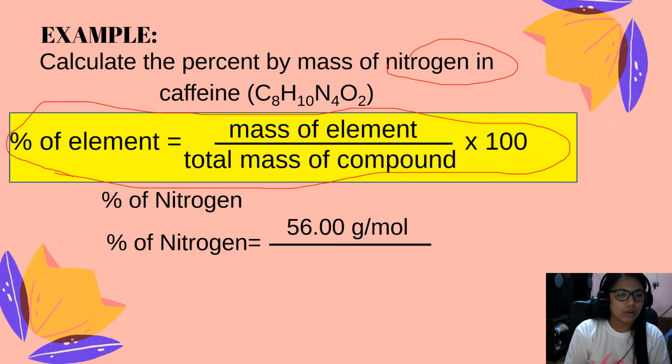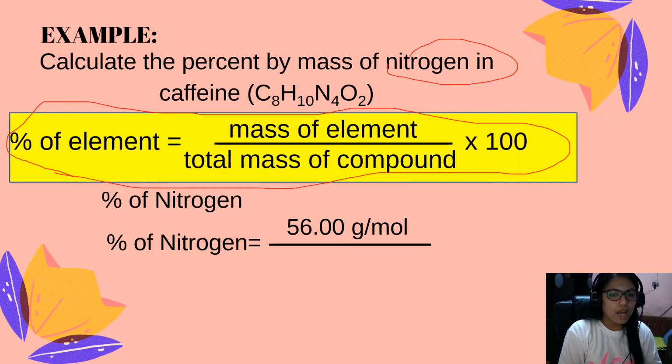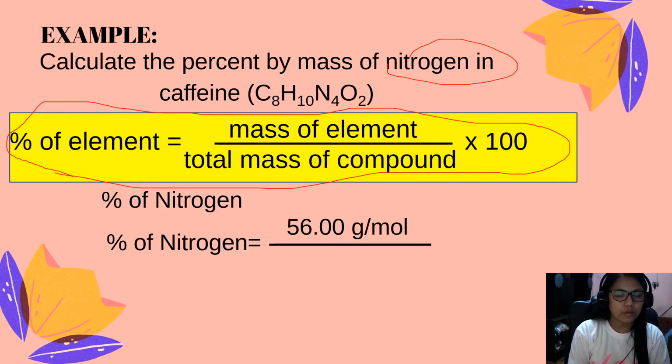Okay. So, as you can see, the molar mass of nitrogen is 56 gram per mole. Okay? So, kung babalikan natin yung step 1, ang kanyang molar mass is 56 gram per mole.